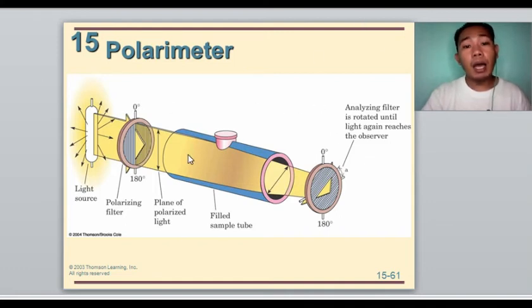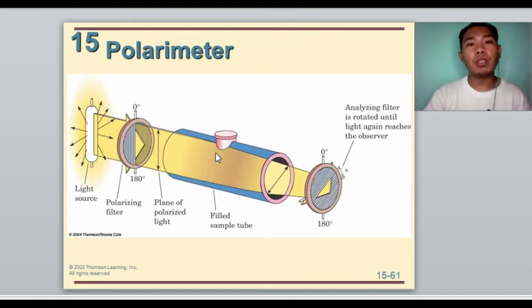A polarimeter consists of a light source emitting unpolarized light, a polarizer, an analyzer, and a sample tube here.